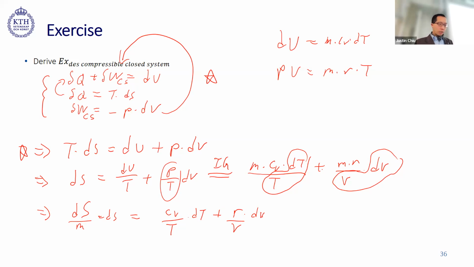And then if we integrate this, small s, the specific entropy, is equal to just the integration of the above, d small s. And then this is going to give you, what is it? T ambient.